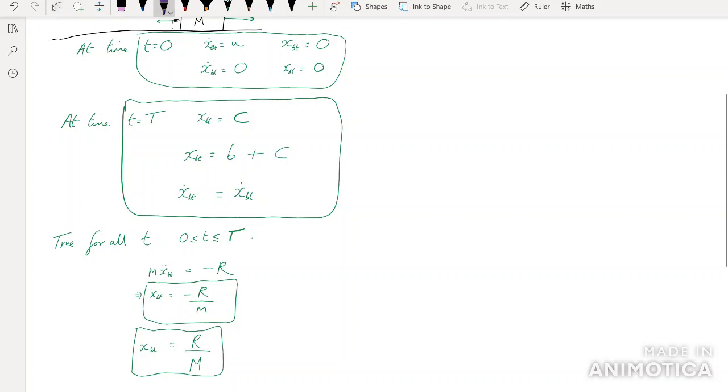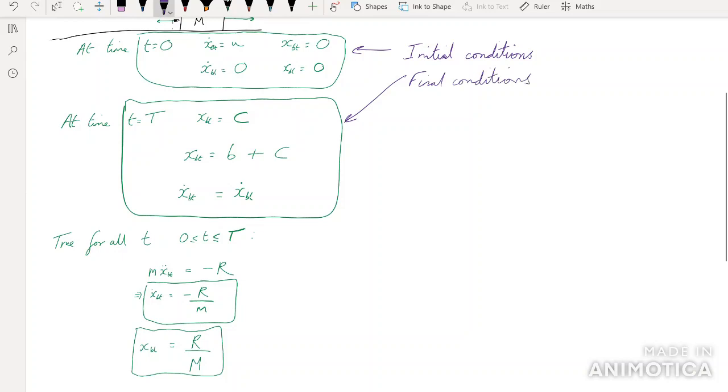So what have we got? Well, this looks like initial conditions, and same with this, or final conditions, you could call this. In other words, they're not true for all time. They're only true at specific times.